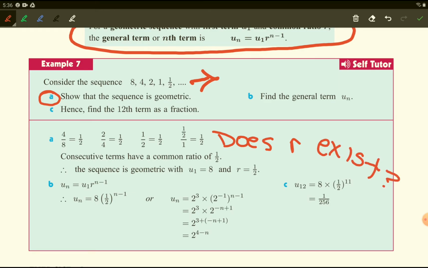And if it does exist, what is it? So this process of choosing any term and then dividing by the term that came before it is what they're doing here, here, here, and here. You can see they get 1/2 every single time.